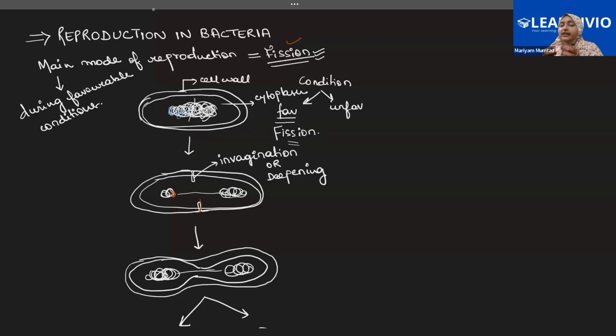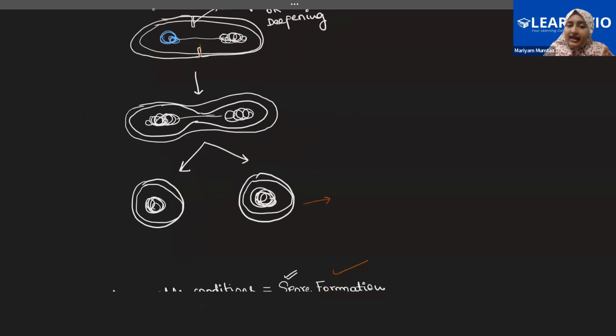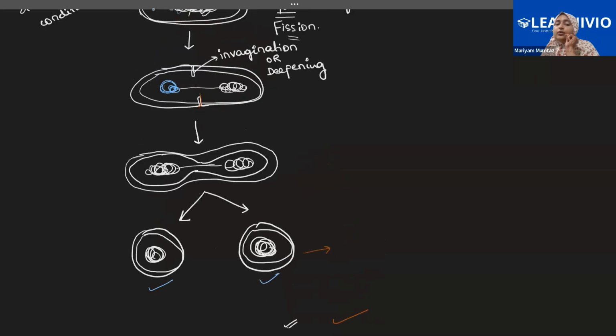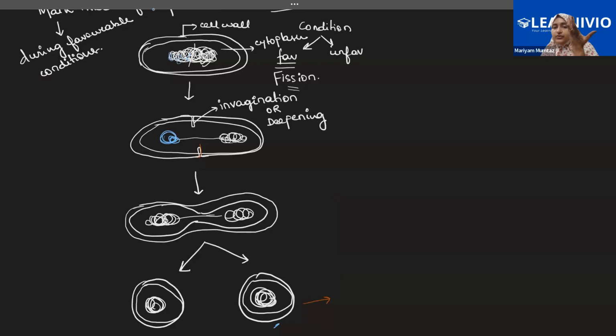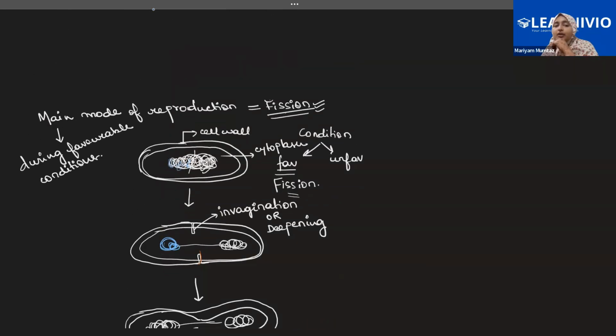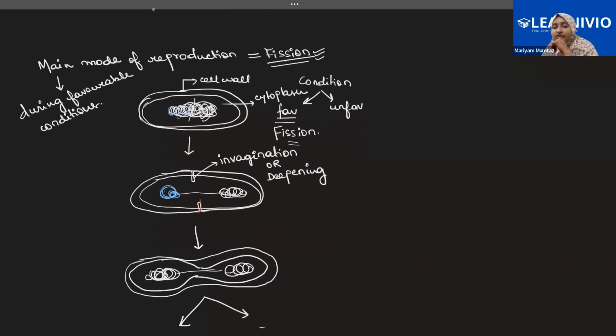Initially the genetic material starts dividing and separates into two different poles. Then slowly the cell starts dividing and ultimately forms two cells. So from one cell, two cells are produced. This method of reproduction is known as fission.